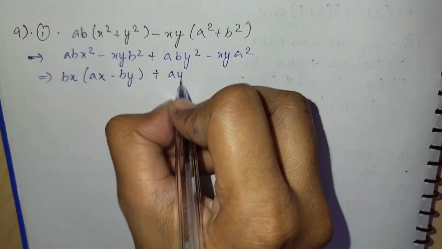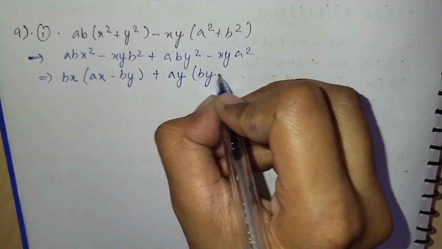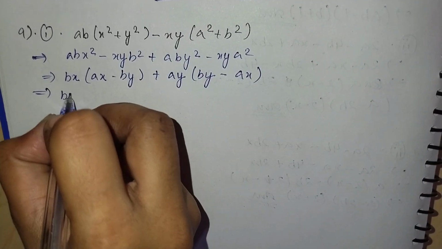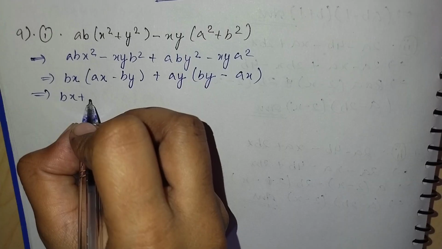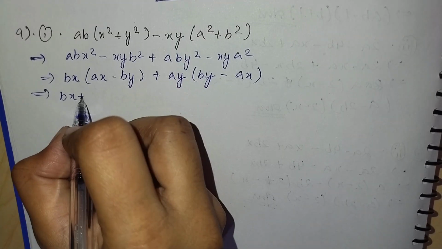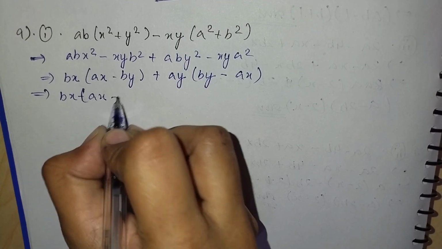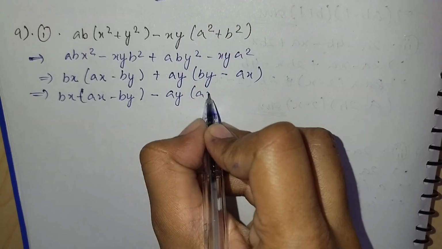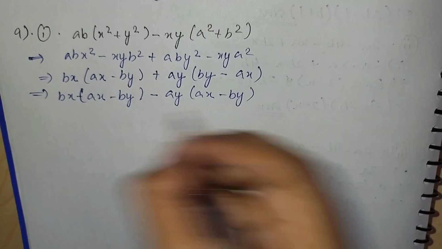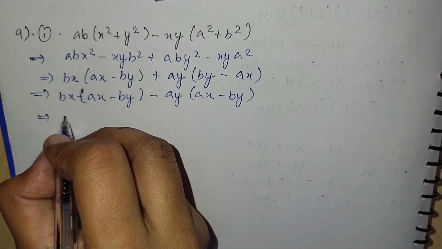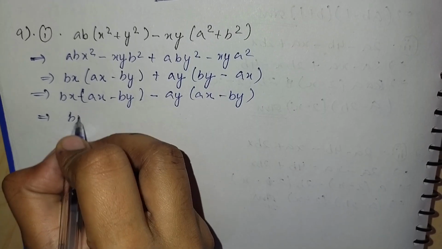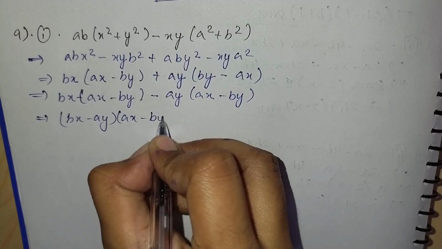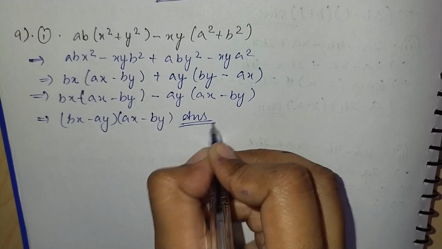Now from here ay as common, we will get by minus ax. We can write it as bx ax minus by, and here minus ay, so we will get ax minus by. Now we can write it in the common factor. So bx minus ay is the common factor and ax minus by is the answer here in this question.